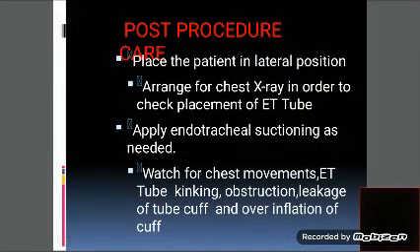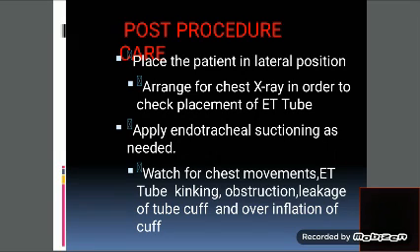Post procedure: as a nurse, we are responsible to assess the nasal and oral mucosa for any redness or irritation, and we need to check for the correct placement of the tube. We need to secure the ET tube with a tape to prevent movement of the tube.